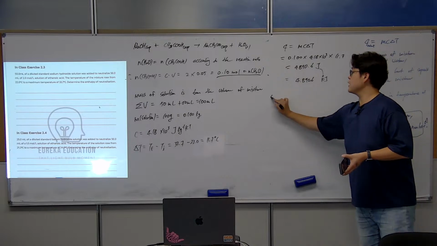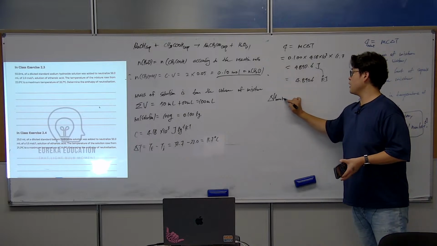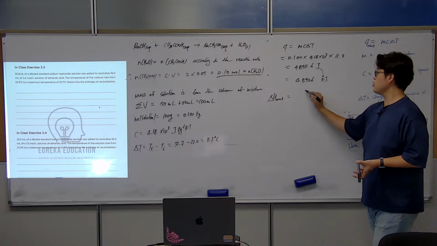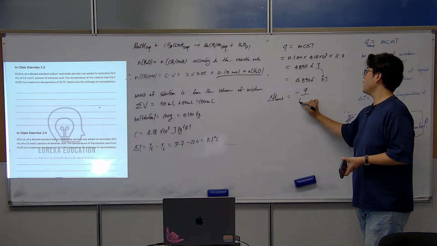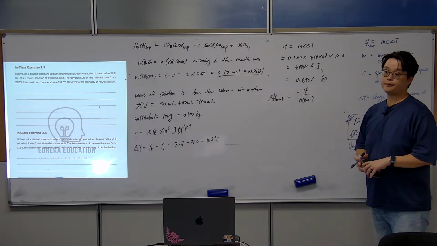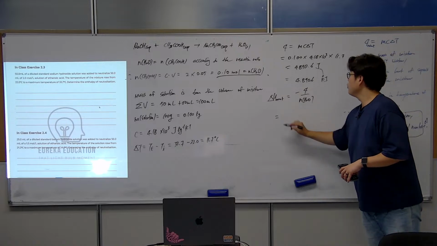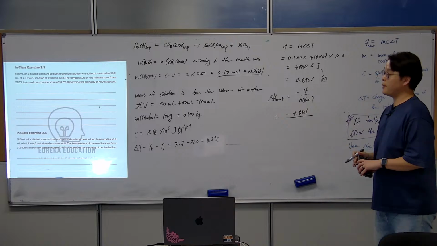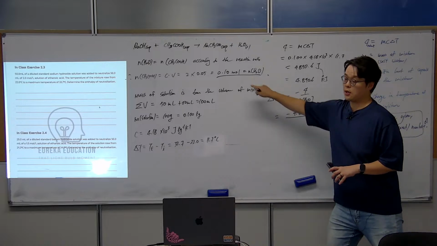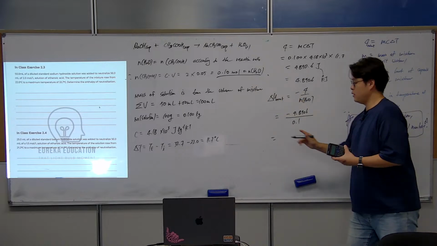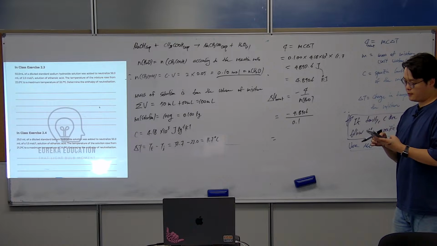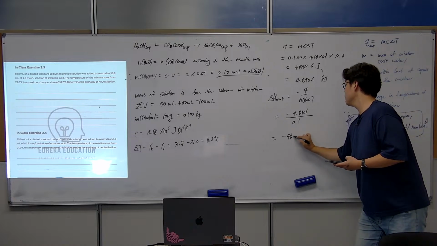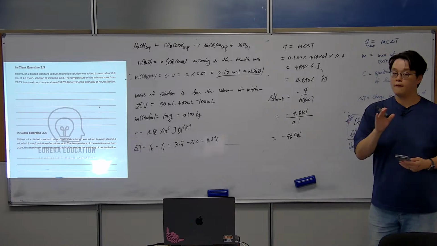Now, the final stage, delta H of the neutralization. Make sure you show all the relevant formulas you're going to use. It is equal to minus Q over n of the H2O. That is minus 4.8906 kilojoules divided by the number of moles that we found at the top. That's 0.1. So divided by 0.1, you get minus 48.906. Now, follow the sig figs.